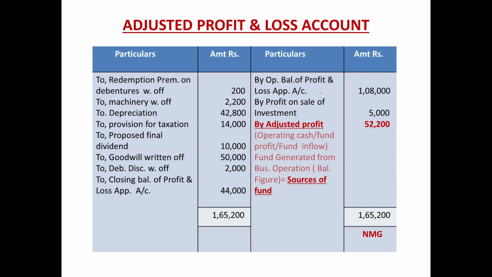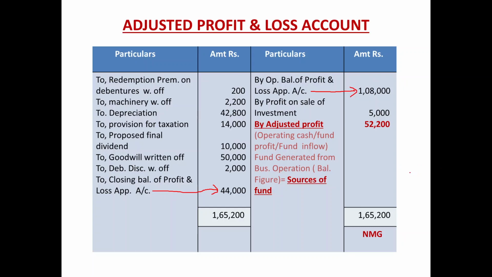So the balance of last year, 1,08,000, on the right hand side of this adjusted profit and loss account. Then the balance of current year, closing balance of profit and loss appropriation account, 44,000, on the left hand side or plus side.